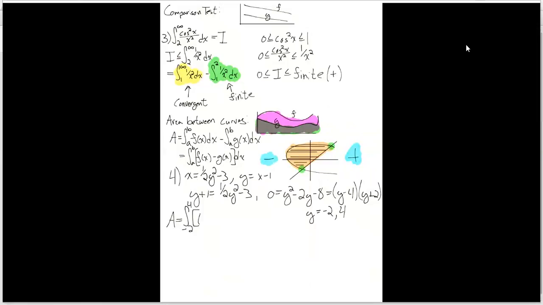So the top one is actually the line. This guy right here. That's the top equation, right? So that's the linear term. So that's the y plus 1 term. We have y plus 1 here. And then we'll subtract our lower expression, which is this 1/2 y squared minus 3 dy, right?